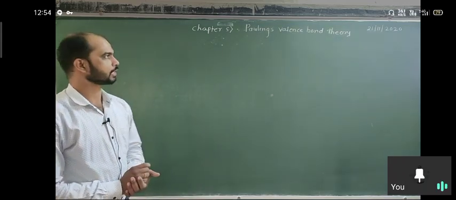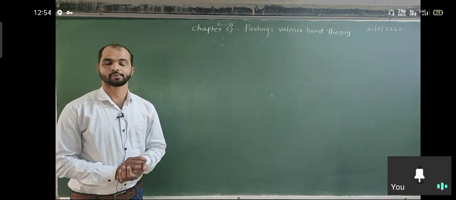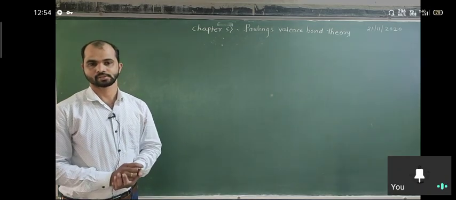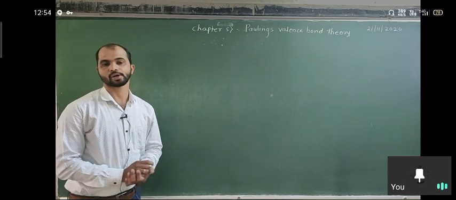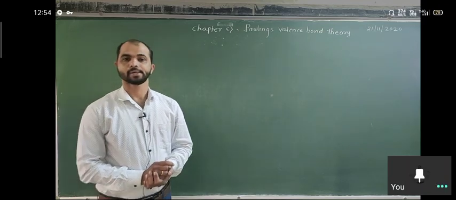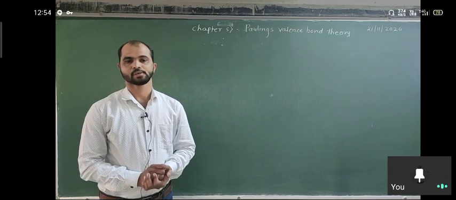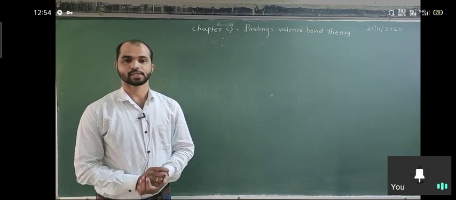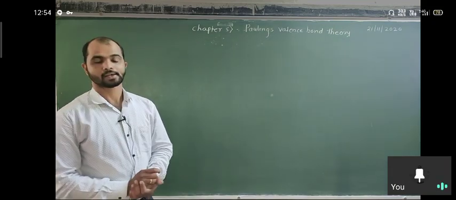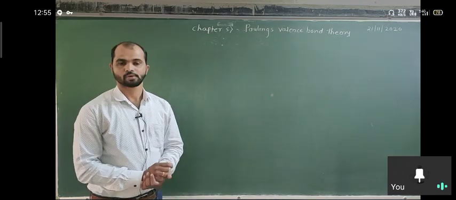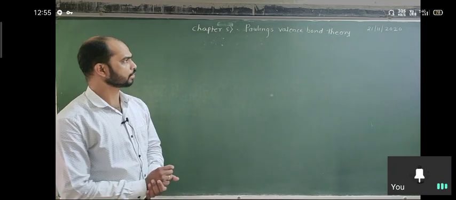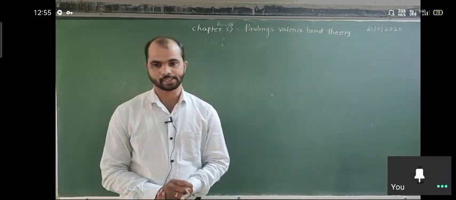So here we call it Pauling's valence bond theory because it is more advanced compared to Heitler-London. Valence bond theory is also called Heitler-London theory, but it has limitations, because some diatomic molecules are explained by the Heitler-London theory with modification by Pauling, so we call it Pauling's valence bond theory.